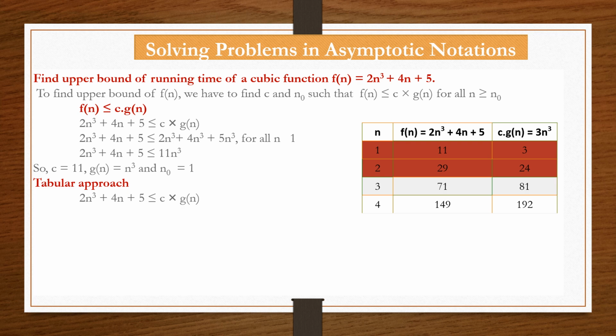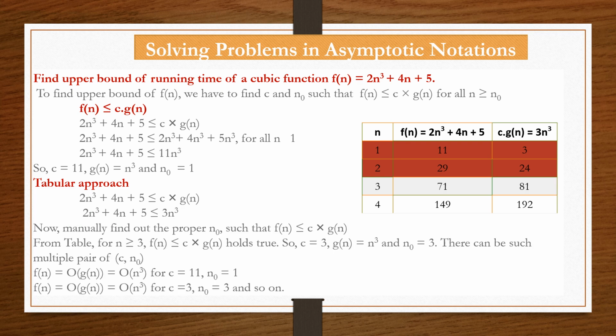That is, f of n is less than or equal to c into g of n. So this is another solution. As per the first method, the solution is c is 11, g of n is n cube. As per this tabular method, the solution is c is 3 and n naught is 3.